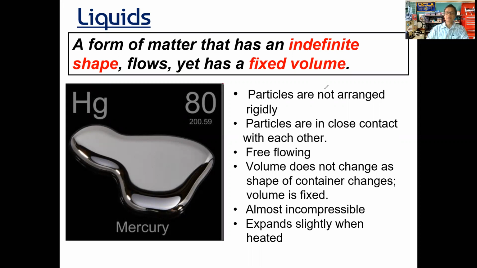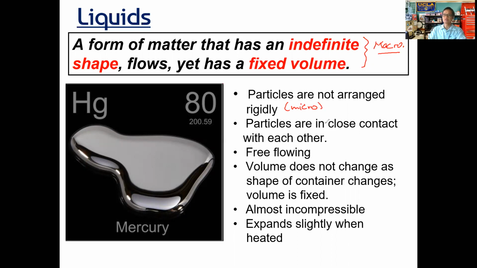A few things about liquids to begin with, when we talk about how the particles are arranged. What we can observe is on a macroscopic level, so this is a macroscopic observation. When we talk about the particles, this is microscopic. This is a microscopic explanation, meaning that the particles are free to move around.